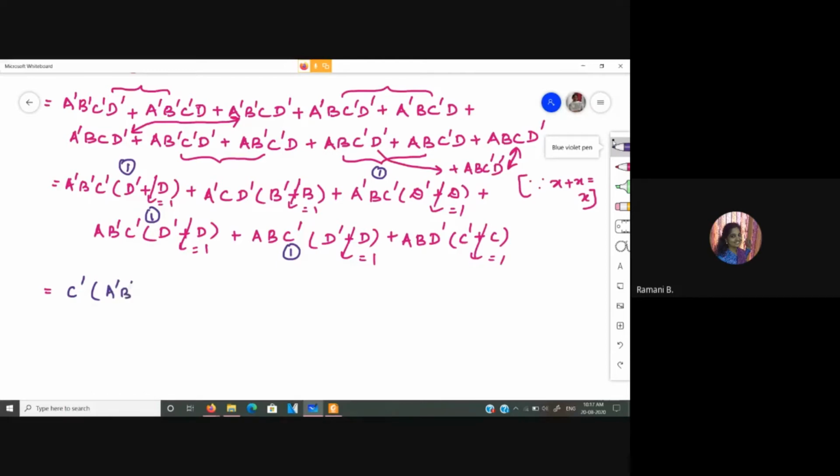So a bar b bar plus a bar b plus a b bar plus a b. So all these combinations I am having.